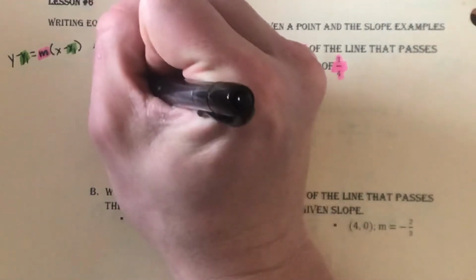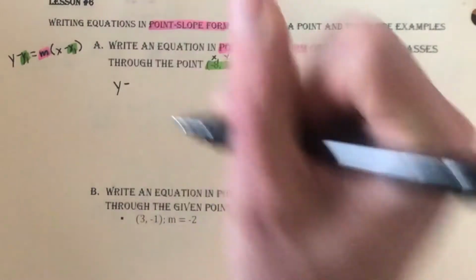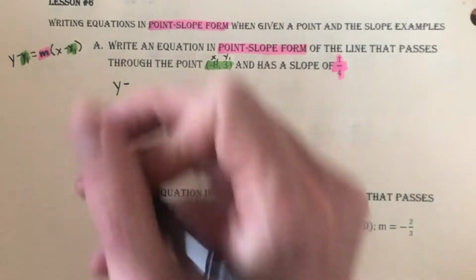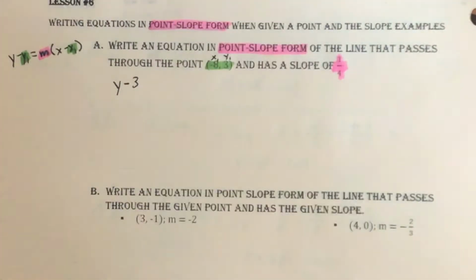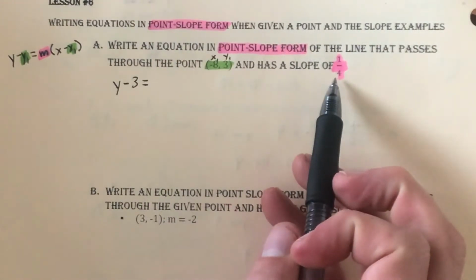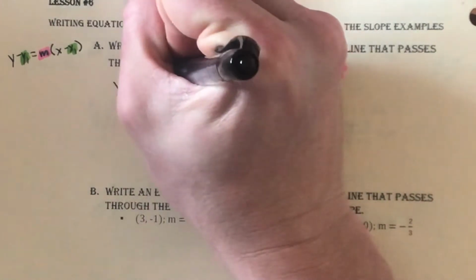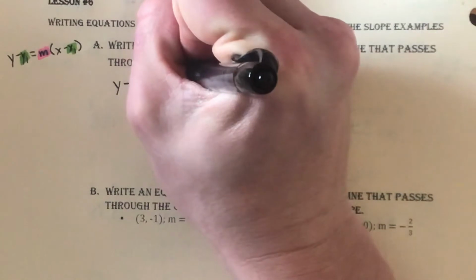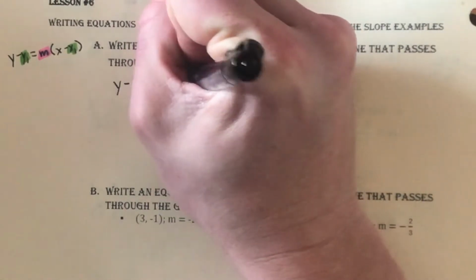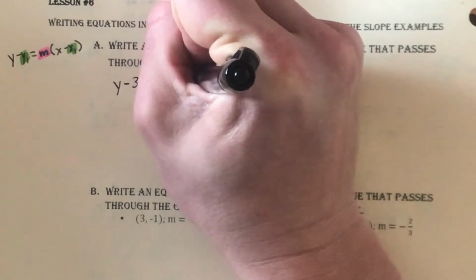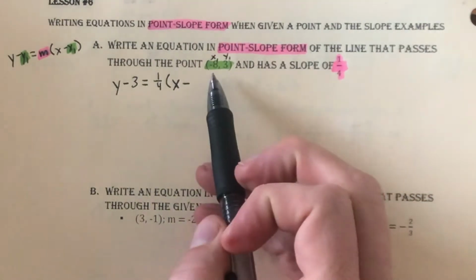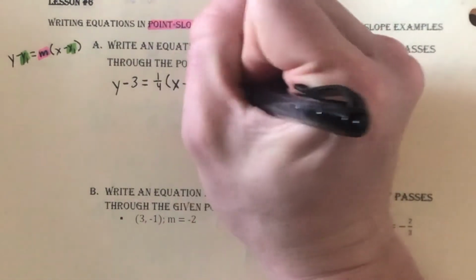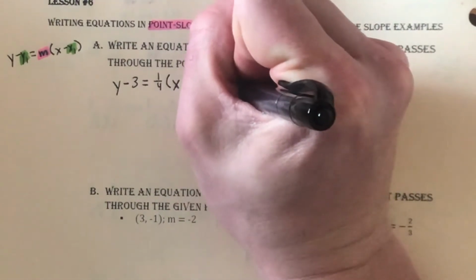So I'm going to start with y minus y1, which is 3. So y minus 3 is equal to m, which is what they told us, 1/4, times x, which is going to stay the same, minus x1, which is -8. So I've got this -8 right here.